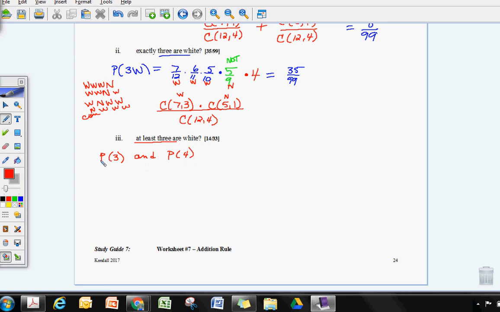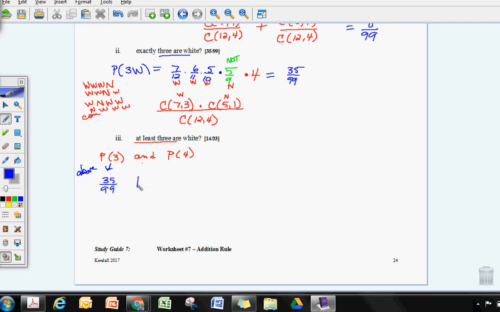So notice we're going to do probability of 3, which we just did up here. We're going to have to do probability of 4, and there's an and in between, so we're going to have to do some addition. So for this probability of 3, we've already talked about that. From above, you can see that this is just 35 out of 99.